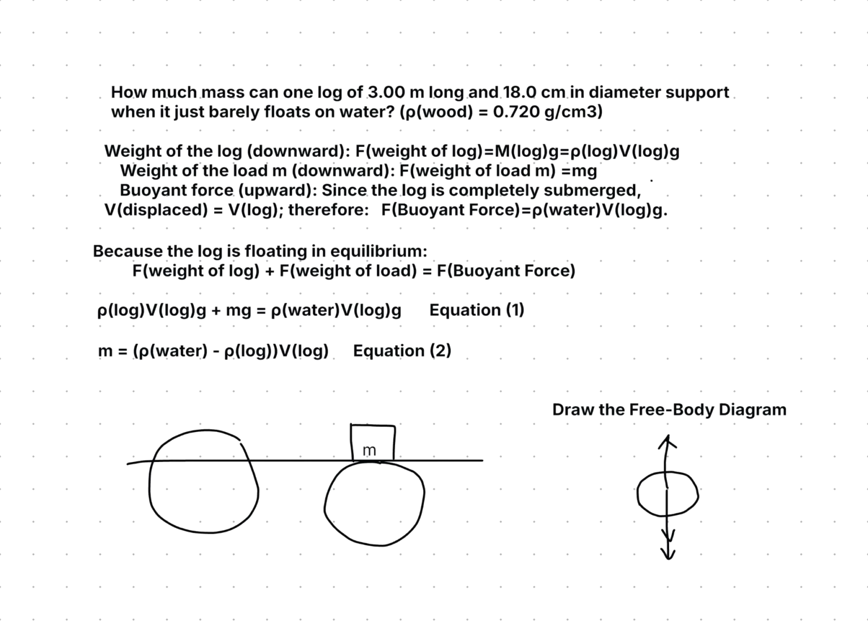Keep in mind to use the correct units, and keep in mind the density of water and the density of wood are given. Because the log is a cylinder, the volume of the log is given by pi r squared L, where L is the length of the log. Let me start a new whiteboard.